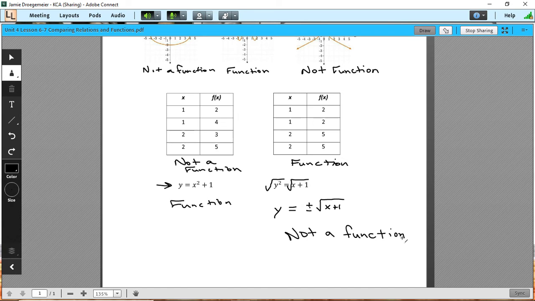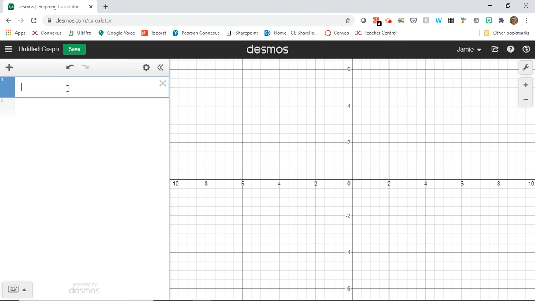So I'm going to bring up my Desmos here. My first one that we said was a function was y equals x squared plus 1.